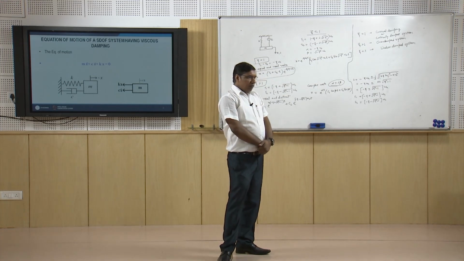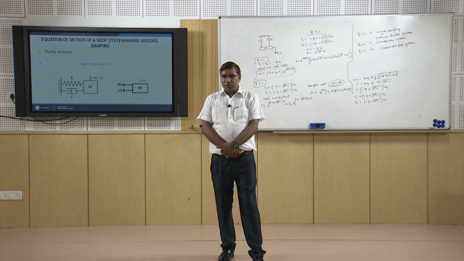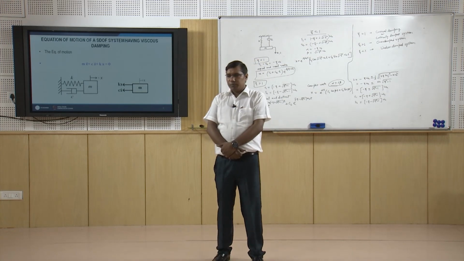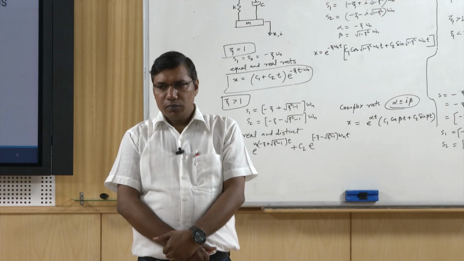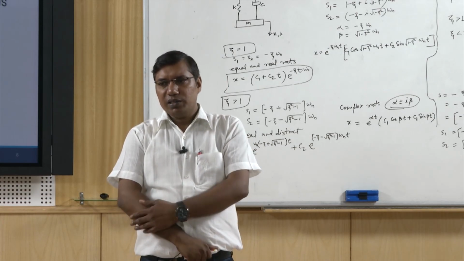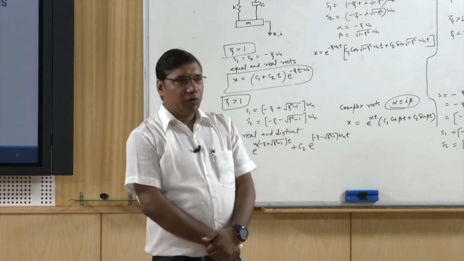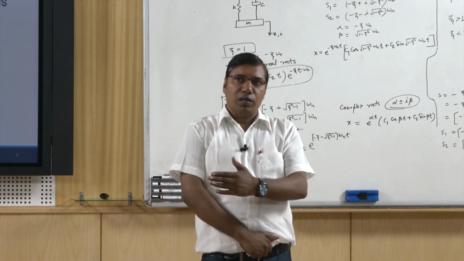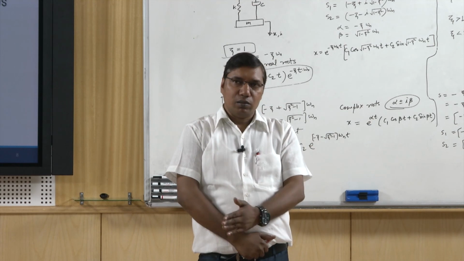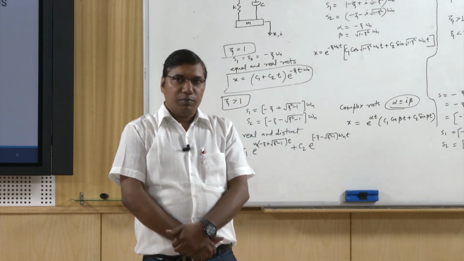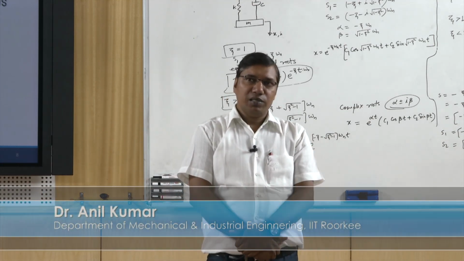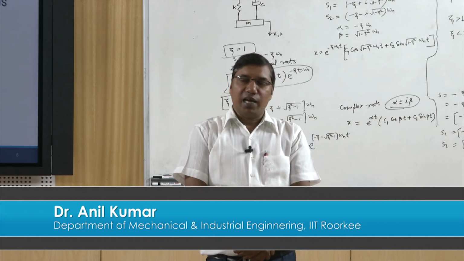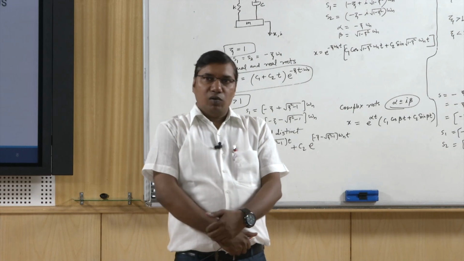Therefore, if we want to study a system, we have to decide what damping value we want. I mean, we want our system to be in the underdamped region, overdamped region or critically damped region, because all these different regions have their own characteristics, and we will discuss that in detail one by one in the next lectures.